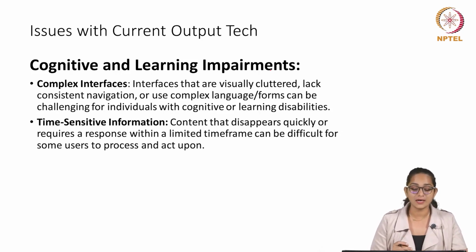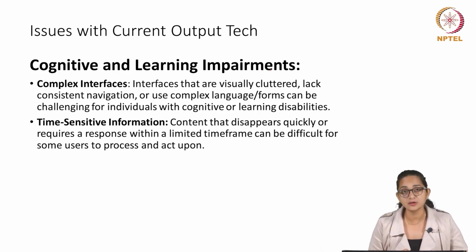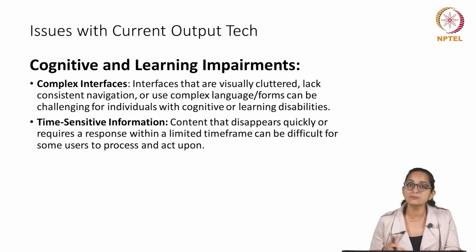But earlier it was not the case, and all of these innovations in the digital accessibility space are not only making interfaces more accessible for people with cognitive limitations, but also for everyone.